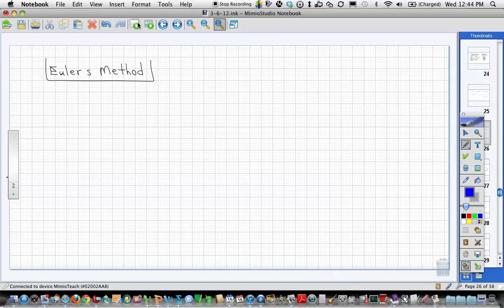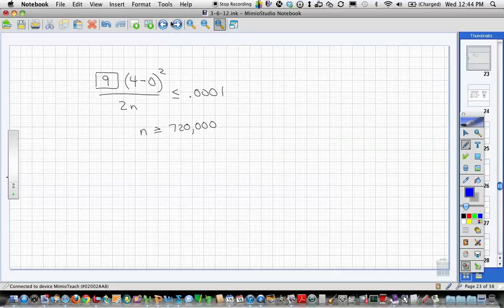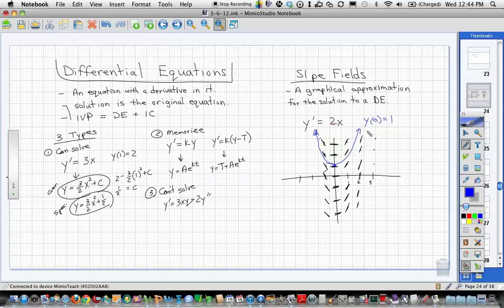We did a slope field, and we talked about how when we do a slope field, that is an approximation of the answers to a differential equation. And of course, the answers to a differential equation are the original function, the original y values.